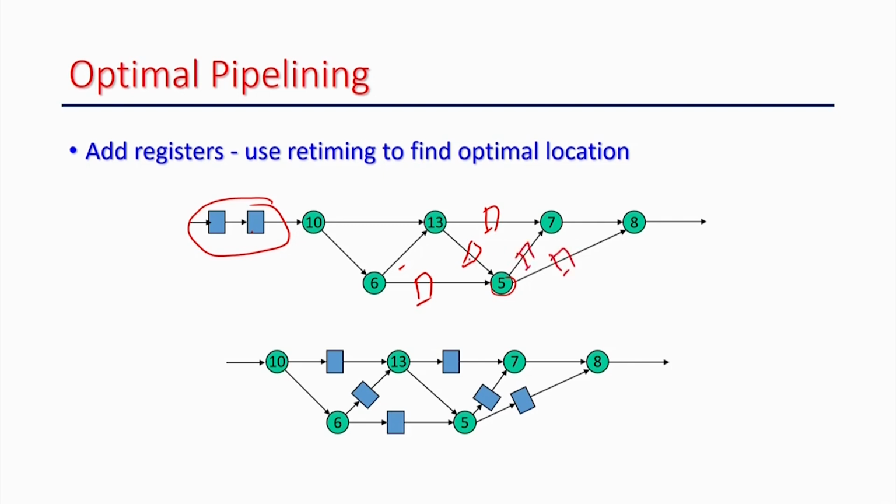So, I can remove these registers, this is what I have done. This is the first set of registers. Then I can take these registers and move them again, place them here. Similarly, I can move this register to this place. So, this is the final structure we will get. So, place the registers at the input and then use retiming to move them into the circuit.